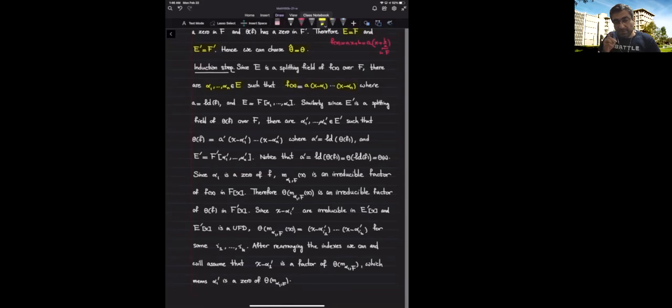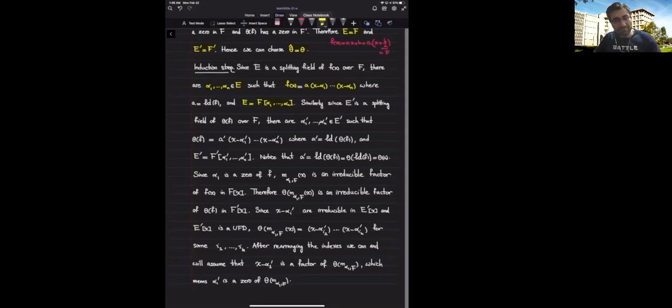Moreover, this field E as a ring is generated by F and the alpha i's, which means that if I consider the smallest subring of E that contains F and the alpha i's, I end up getting the entire ring E. So E is generated by the field F and the zeros of this polynomial.